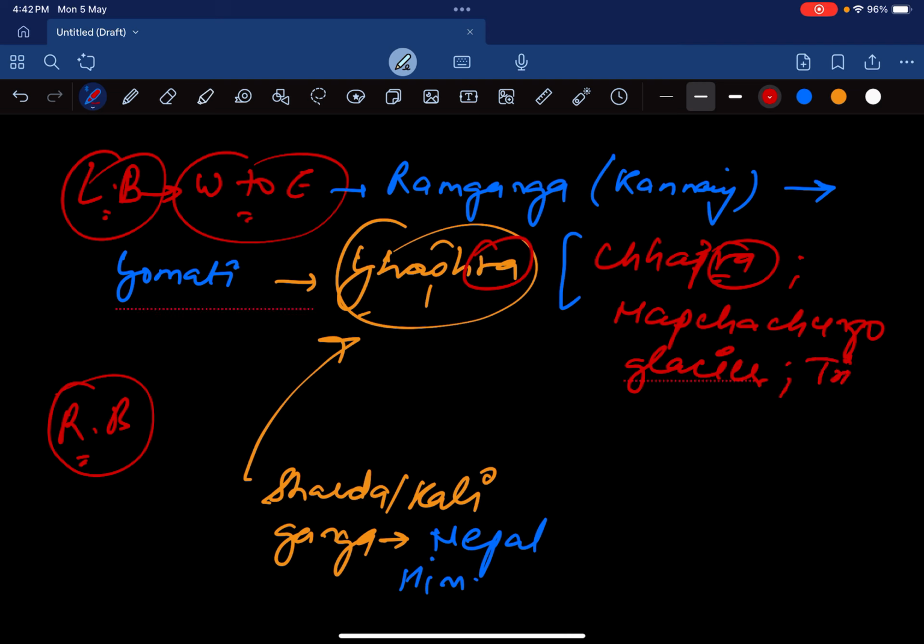And its own tributaries are Tila, Seti, and Biri, right? So Ramganga, Gomti, Ghagra.